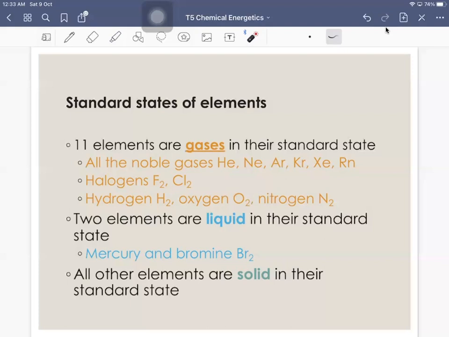If you see those molecules all the time, then you would already know what state it is in at room temperature. I don't expect you to memorize a whole list because there's a lot of possible compounds out there, but the pretty obvious ones are the ones that you meet all the time, like carbon dioxide, you know that it's a gas. Ammonia, you also know that it's a gas at room temperature. Those are some of the examples that I can give you.